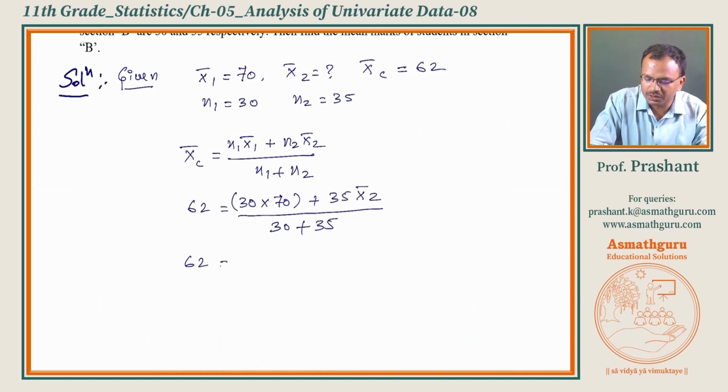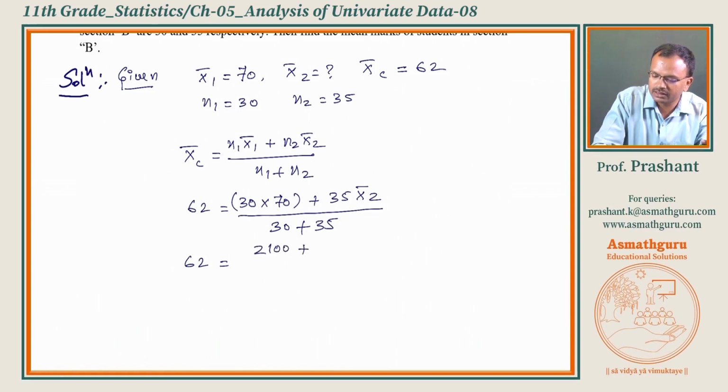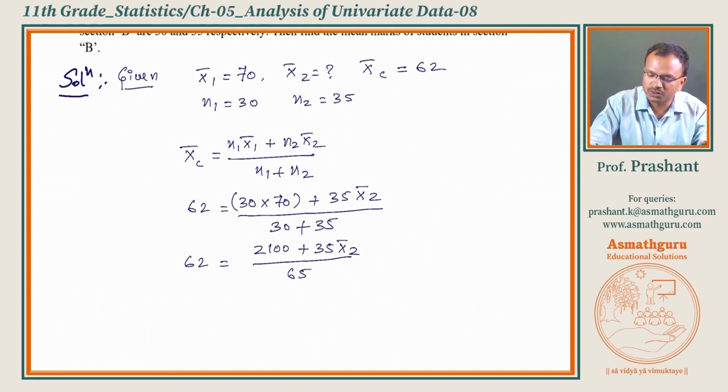62 will be equal to 30 into 70, which gives you 2100, plus 35 x bar 2 that we need to find. Now 30 plus 35 gives you 65. So now I am going to cross multiply 65 into 62.